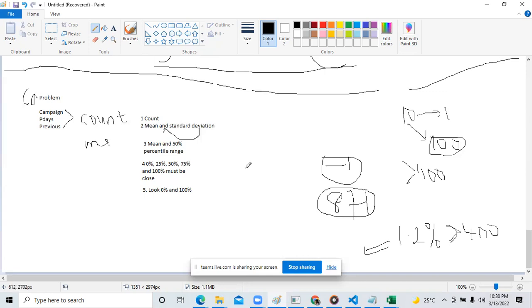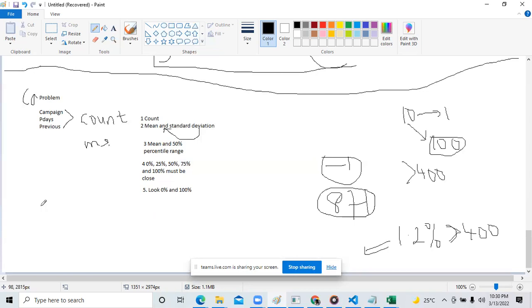That means, let me distill it. You said that if 1.2% of the whole data set is greater than 400, it's actually close to 871. I don't agree with you. Let me distill it to you.